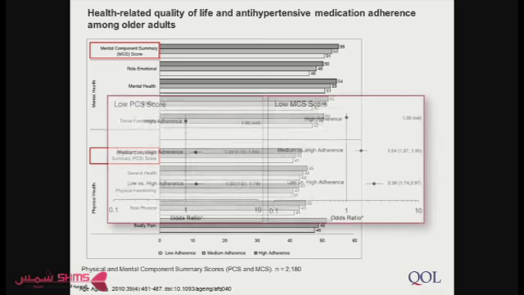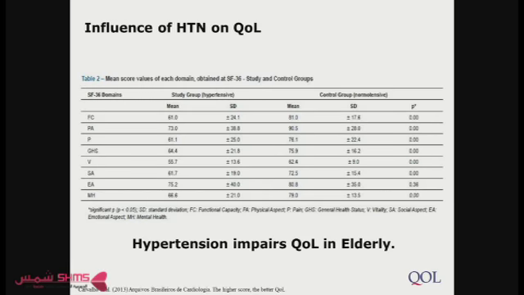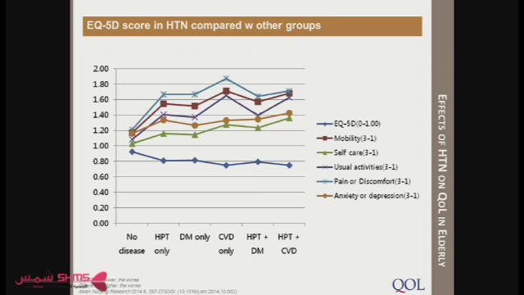We'll go a little about the quality of life in our patients. These are the 5 or 6 columns that we are usually following in geriatric patients. We are following in geriatric patients not only the physical but also mobility, self-care, doing the usual activities and so on. Are they really different if the patient has no disease, has hypertension only, or hypertension with comorbidities?